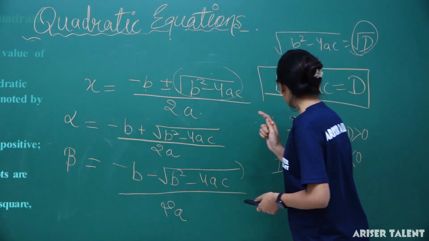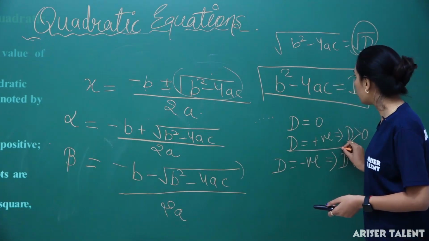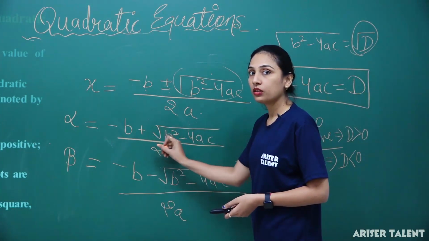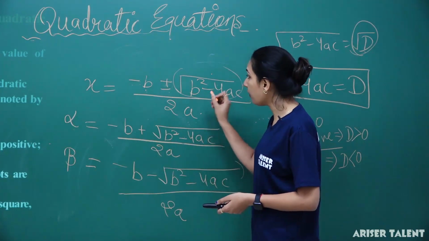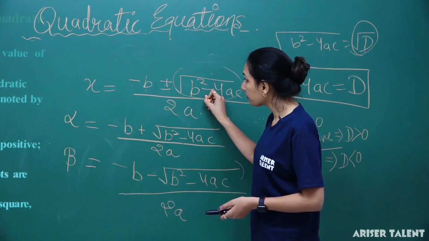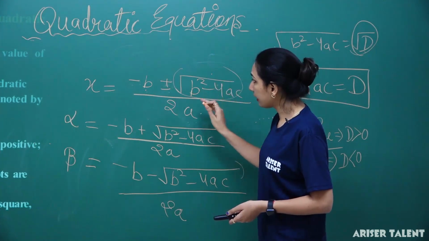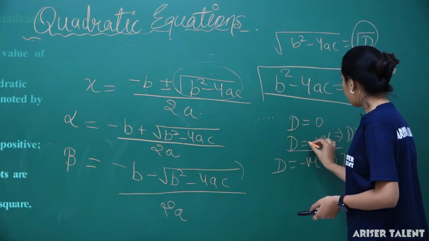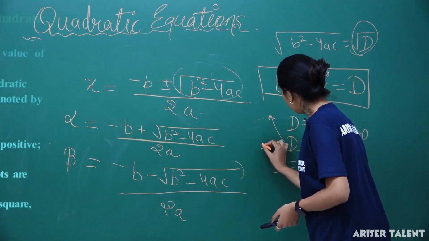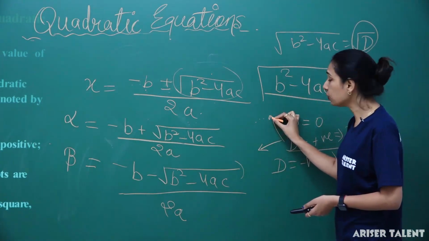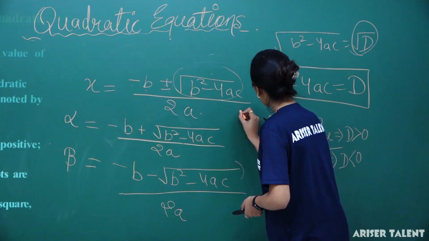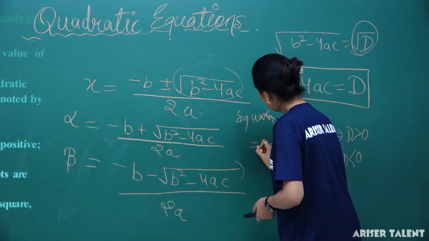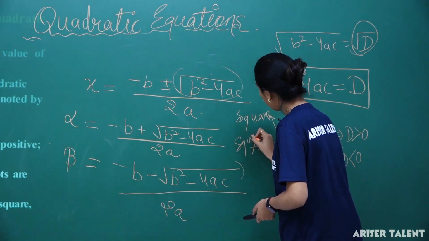Now, two conditions arise when this is positive. If the value of D is positive, in that positive case, that can be a square, or that can be not a square.